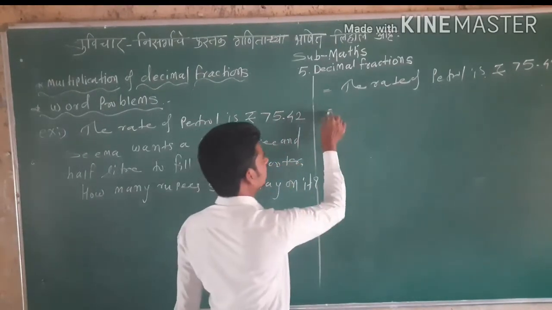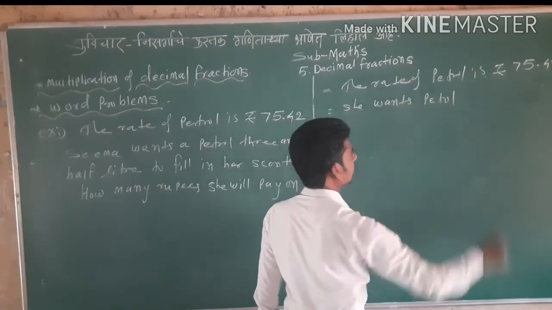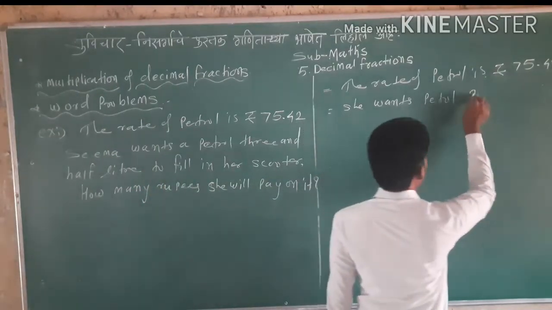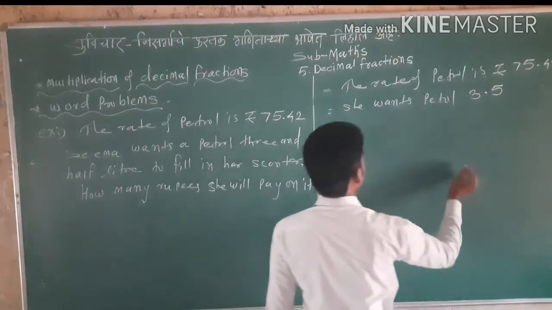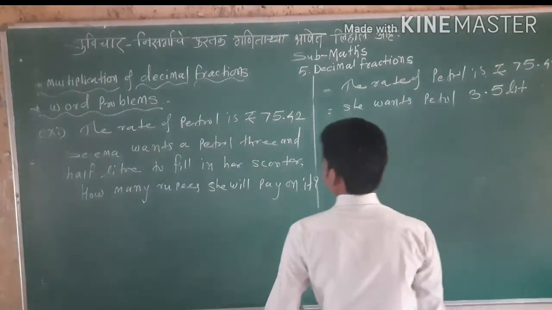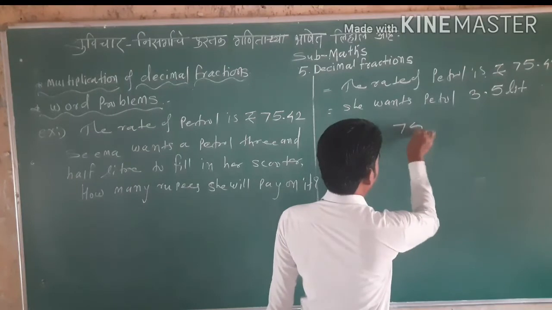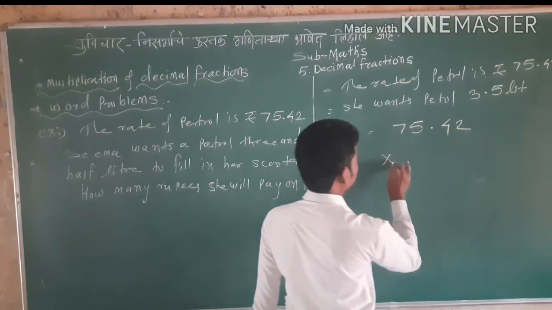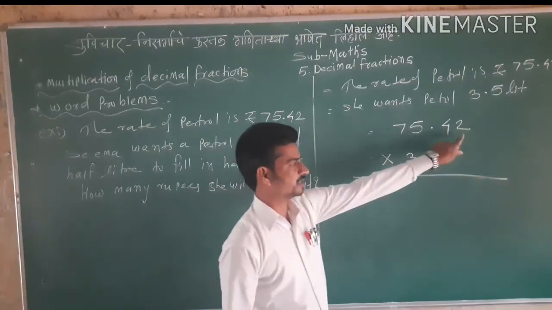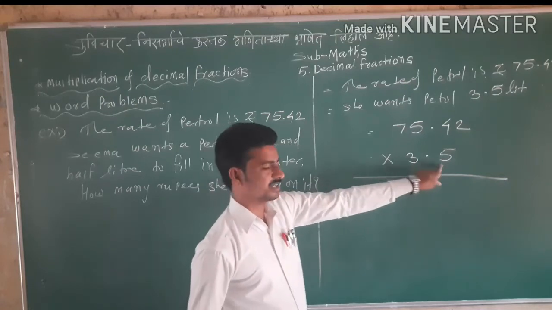She wants 3.5 liters of petrol. Now solve the example: 75.42 into 3.5. The price of 1 liter of petrol is 75 rupees 42 paise. How much petrol does she need for the vehicle? 3.5 liters.